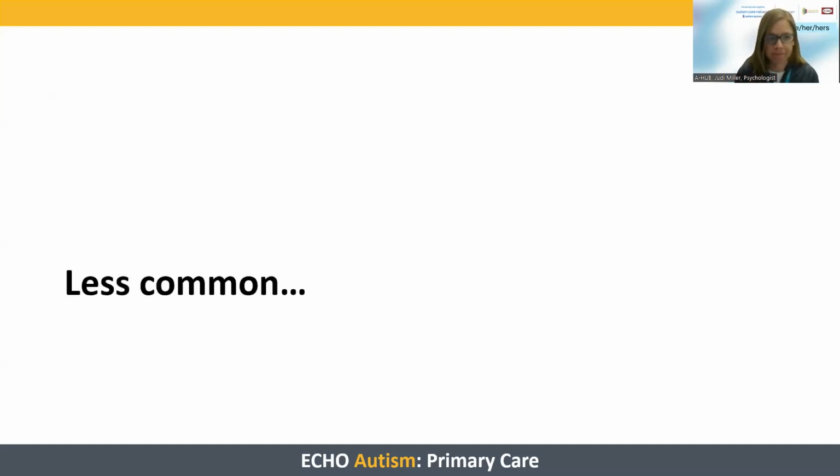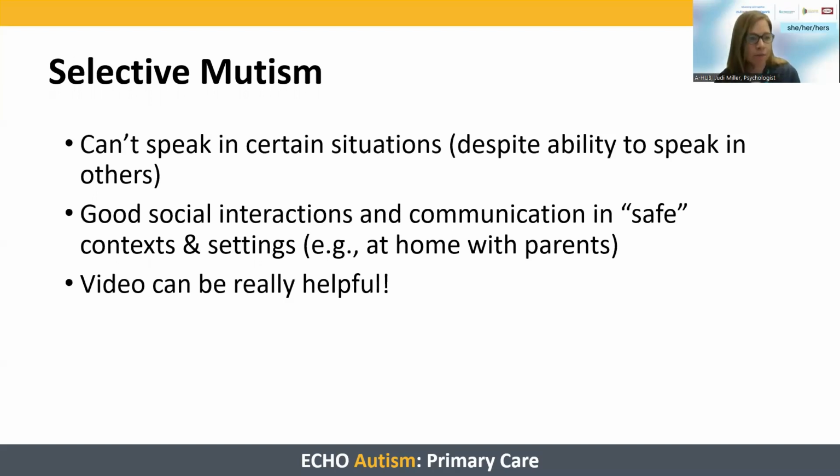Okay, next slide. So the less common things are selective mutism. Selective mutism is when you can speak in some certain situations, but not in others. And it looks like there's some anxiety around speaking in some situations.